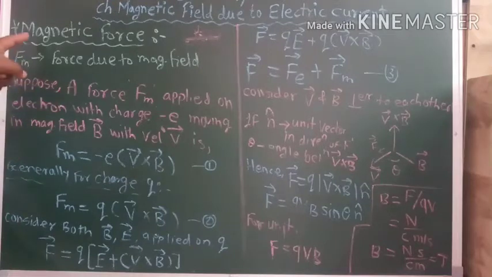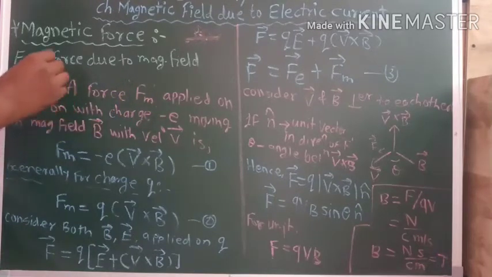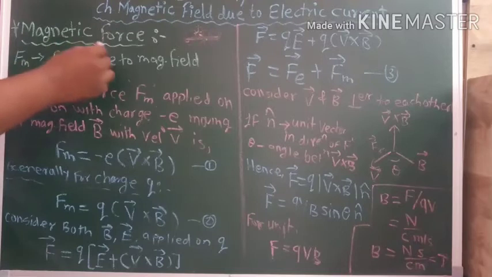Then the next point is magnetic force. We will discuss the magnetic force also. The magnetic force is denoted by F suffix m, that is the force due to the magnetic field, also called magnetic force.